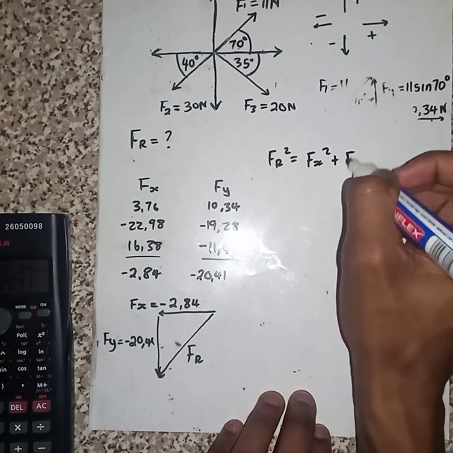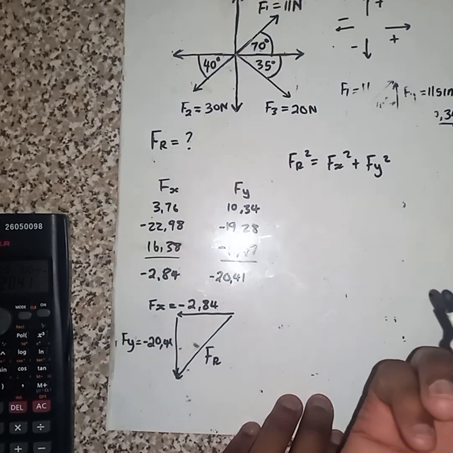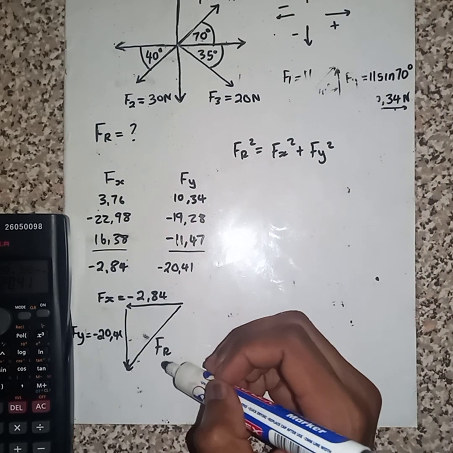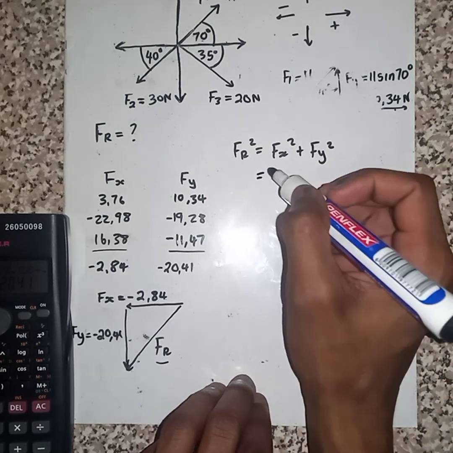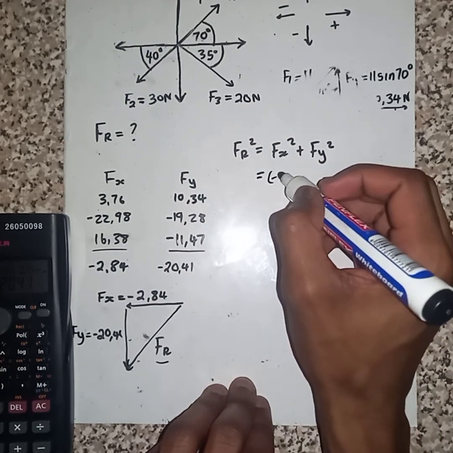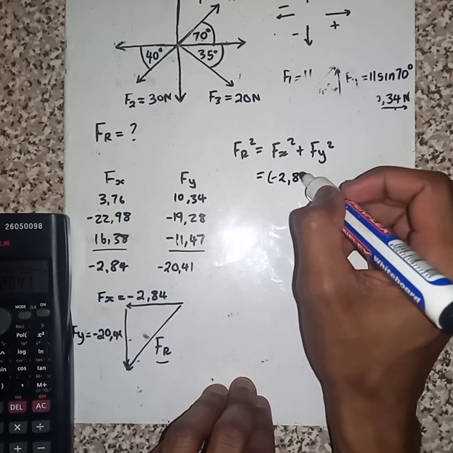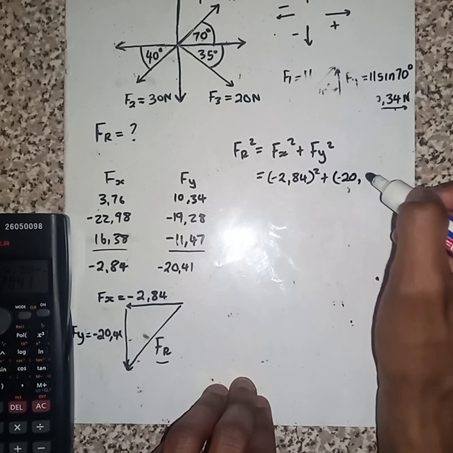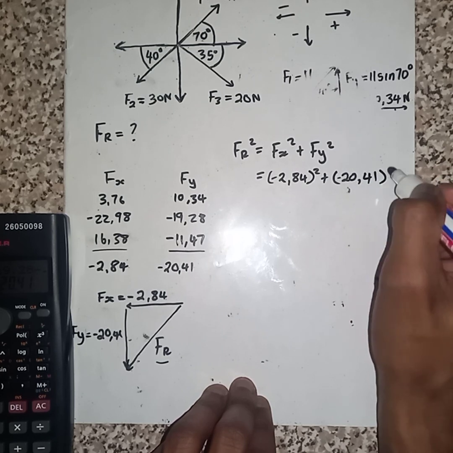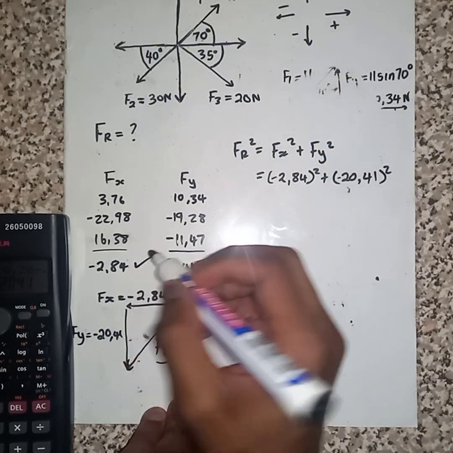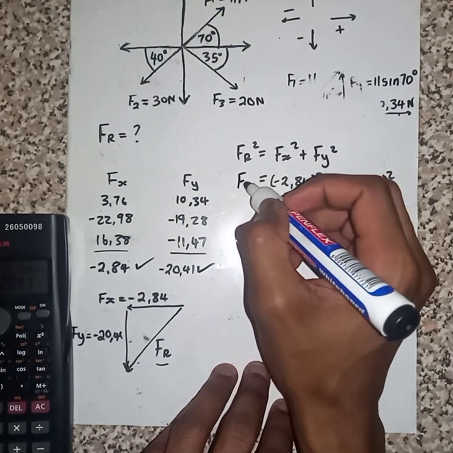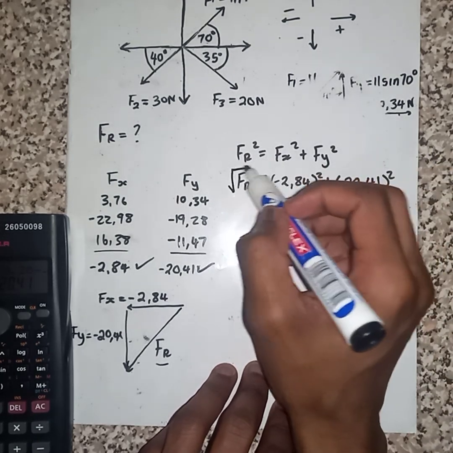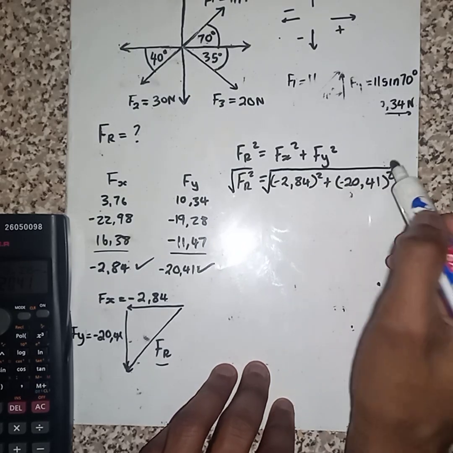Fx squared plus fy squared. You see? Okay, you can see we need this value now. For fx, we substitute negative 2,84 squared. For fy, substitute negative 20,41 squared. Fr squared. Then immediately after doing this, we are going to take what? A root.